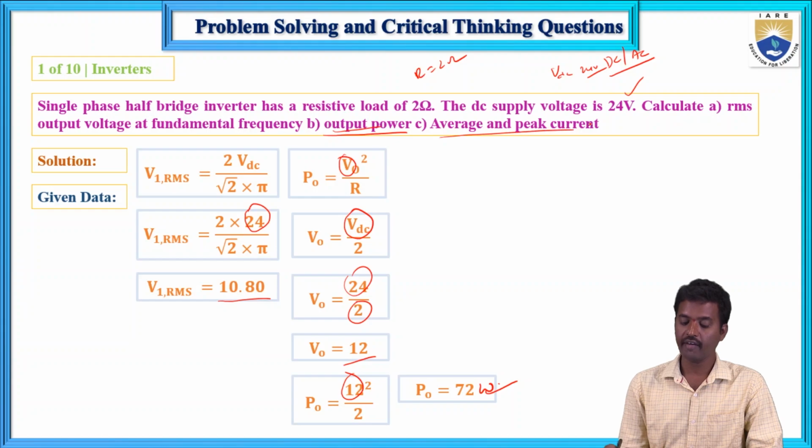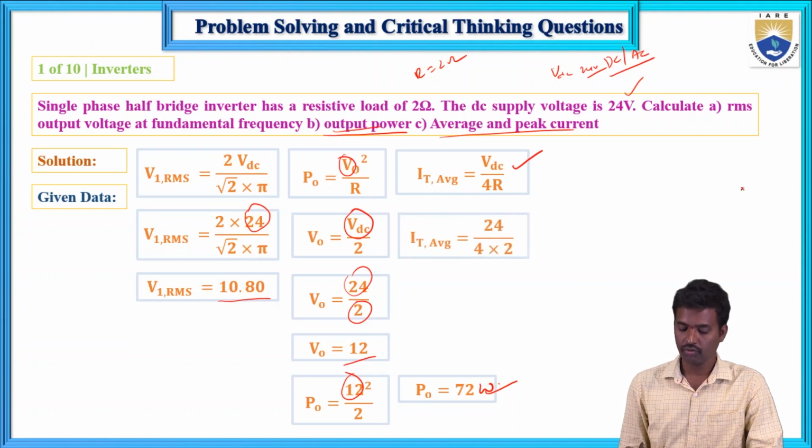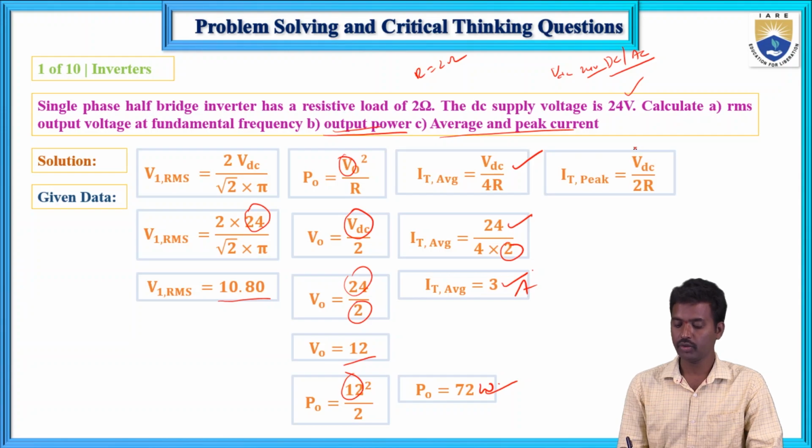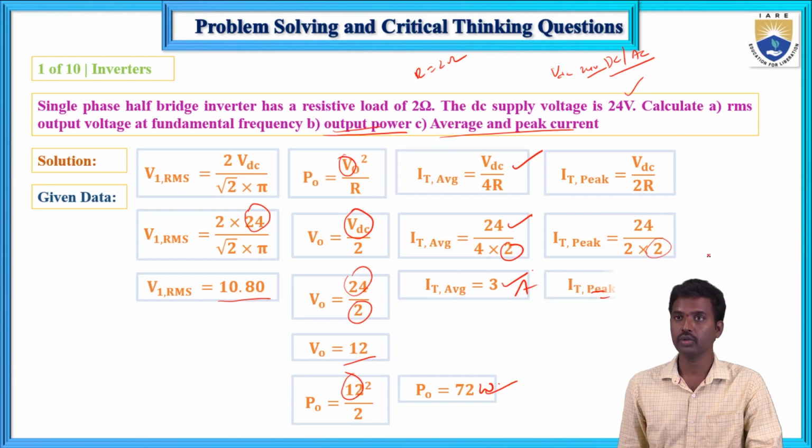And what about the average current and peak current? Average current equals VDC by 4R. Now VDC equals 24 and R is 2, so the average value equals 3 amperes. Next, the peak value equals VDC by 2R, so 24 by 2 into 2 equals 6 amperes.